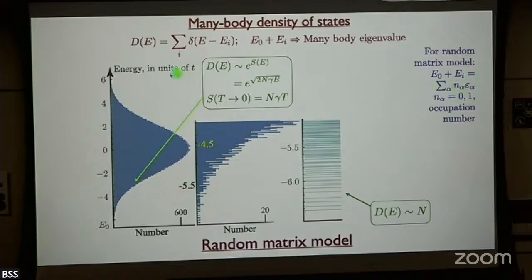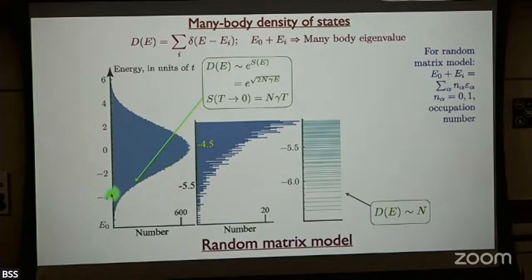In fact, we still don't know today what the answer for this thing is. It's still a rather complicated thing, this D of E. But this is numeric, so here it's 16 by 16 sites, something like 2 to the 16th many-body levels. This is the density of states of the many-body levels.